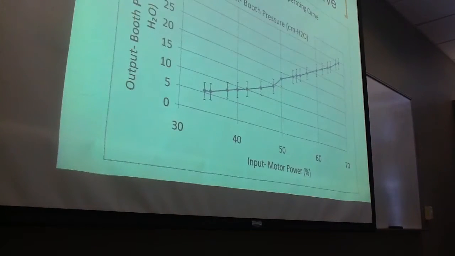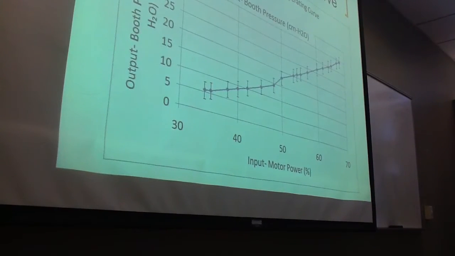Using that data, we built the steady-state operating curve, and for the most part, ours came out fairly linear, which is what it's supposed to look like. There's a little bump here and there. And we'll actually use this later when we're talking about the relay feedback.